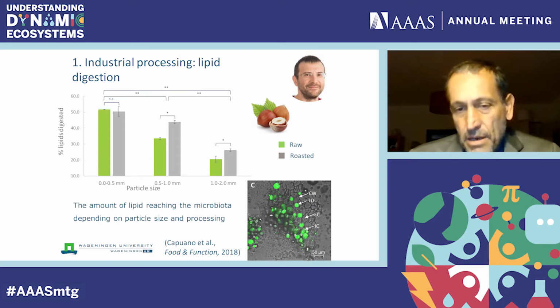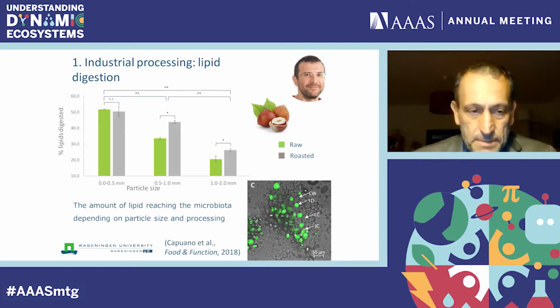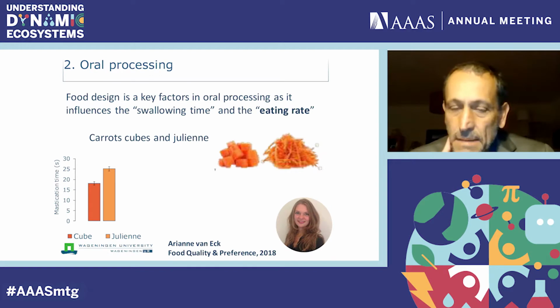When the particles become more coarse, and especially if we do not have any roasting, the lipid is digested to a much lower extent. This means that all these lipids reach the microbiota, and bacteria can grow on these nutrients.